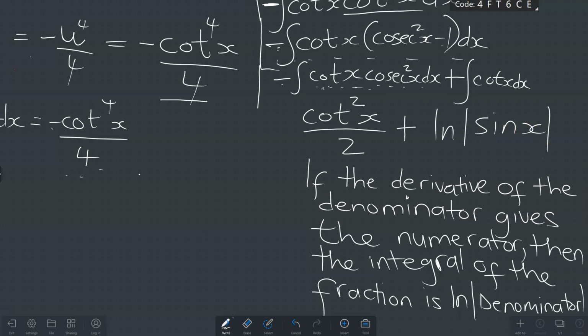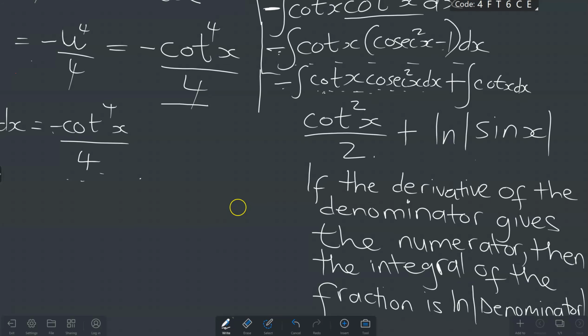So we now combine what we got here with what we got here.